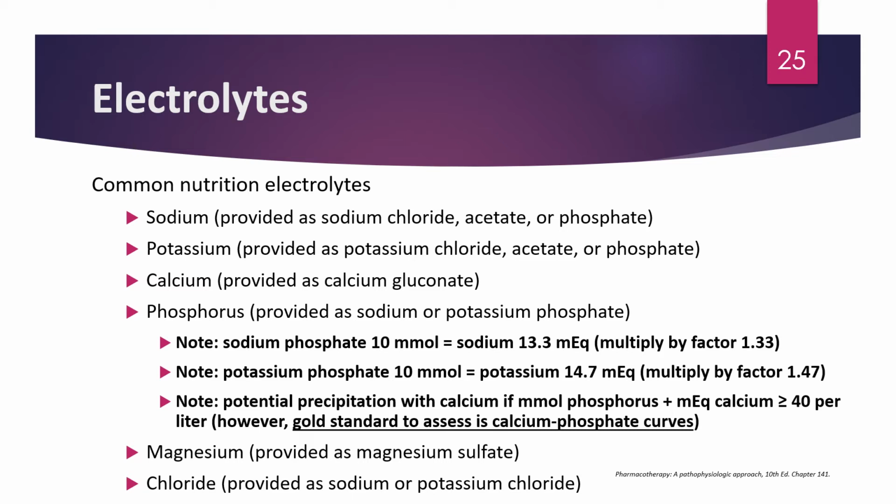So usually what we do with calcium and phosphorus is that we dose phosphorus and calcium in a certain way to not exceed a certain amount in the PN bag.